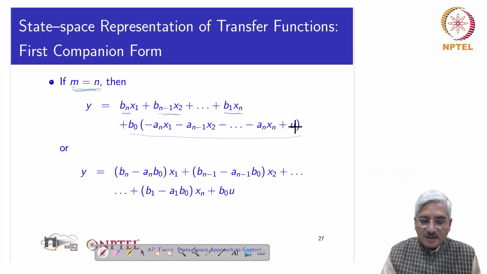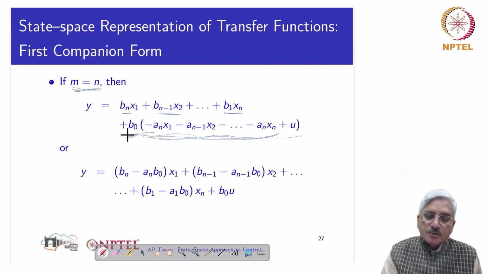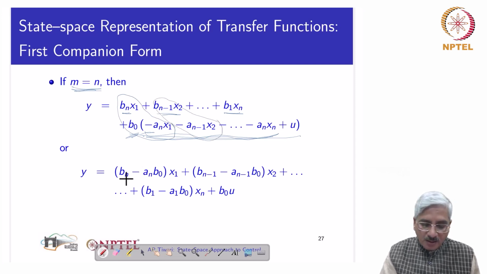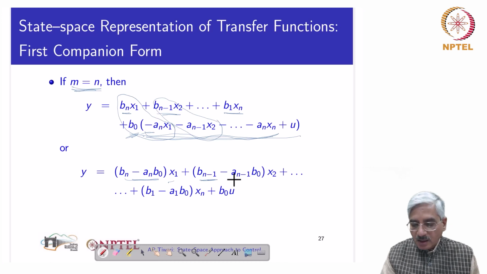So d power n z is substituted in terms of the state variables x1 to xn, and that is multiplying b0. So y gets represented in terms of the state variables x1, x2 etc. through these coefficients as bn minus an b0 into x1, bn minus 1 minus an minus 1 b0 x2, and so on.